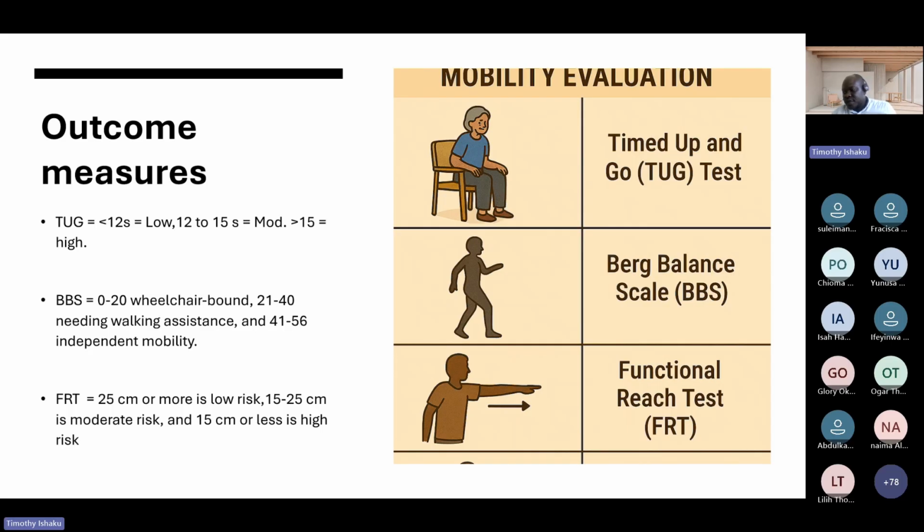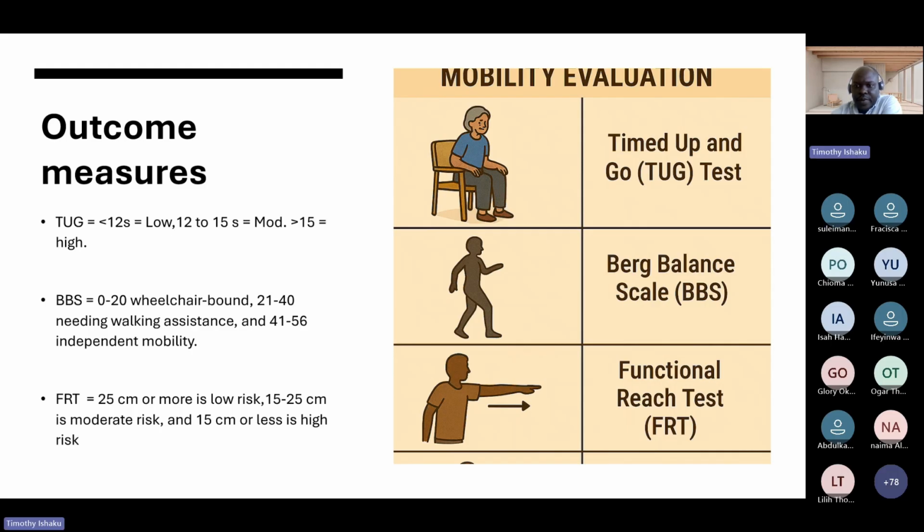Anybody remember the scoring of it, or the interpretation of it? Any volunteers? I think someone has put it in the chat.